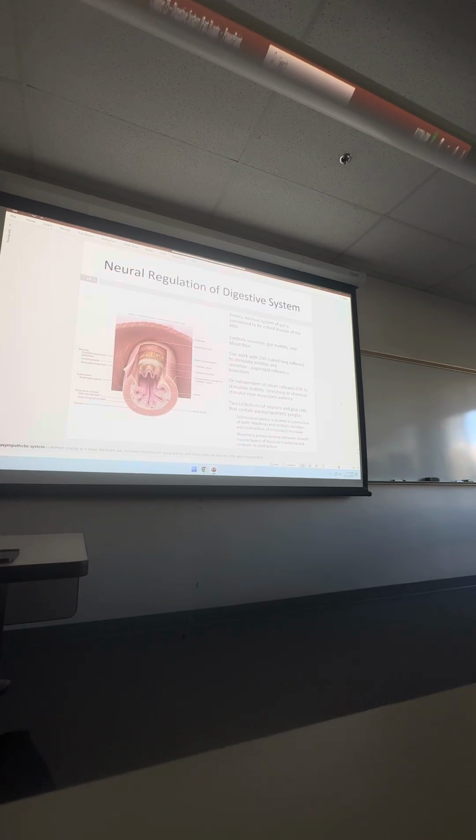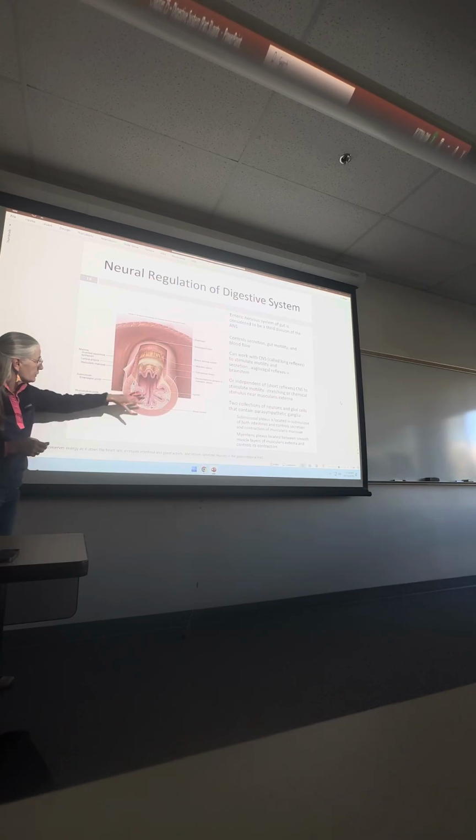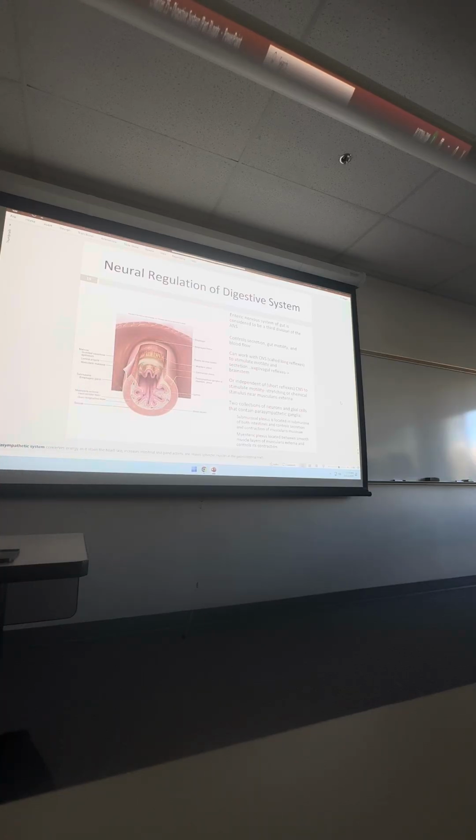And apparently there are a couple of different reflexes that are going on within the digestive system, the enteric nervous system, which is right here, and then also connecting it with the central nervous system, because you know that you have the ability to control defecation. And that comes from up here, cerebral cortex, where you say, it's not a good time, I gotta hang on. But other times, you're ready, you go.